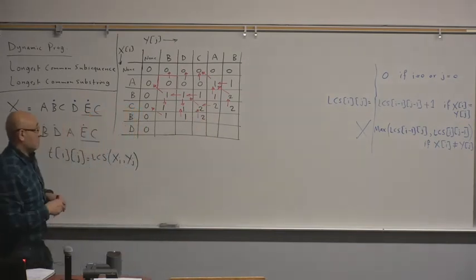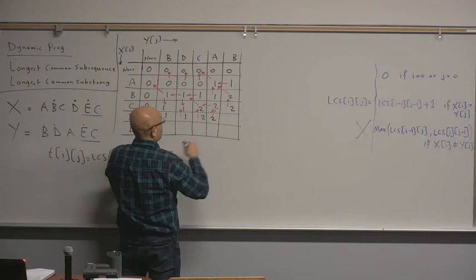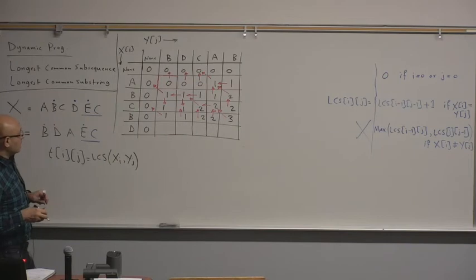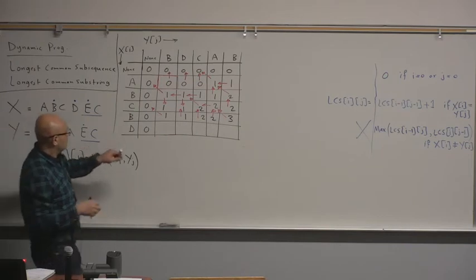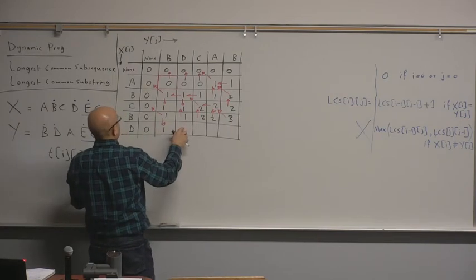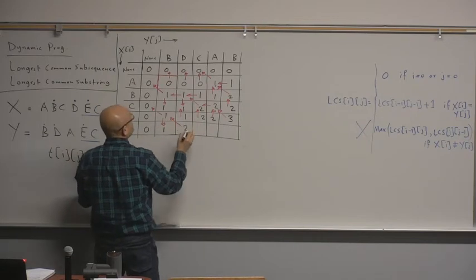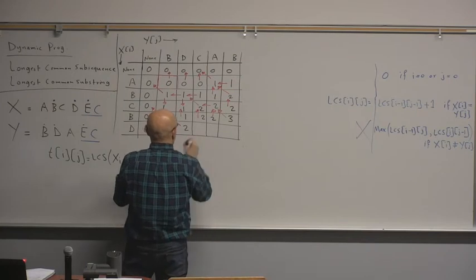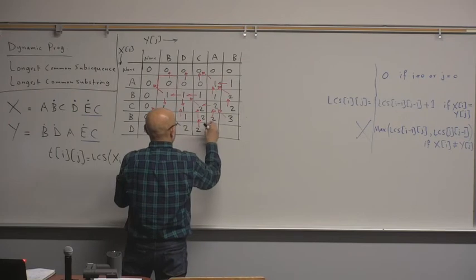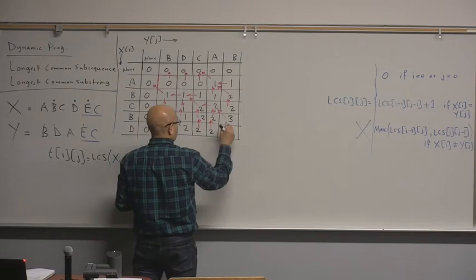Different, but these are the same, so we take the 2. Similar, we take diagonal. This is 3. Okay? Last row, different, we take this. Similar, we go diagonal. Different, 2, and different, 2, and different, we take the 3.